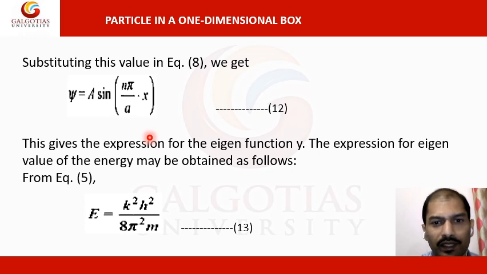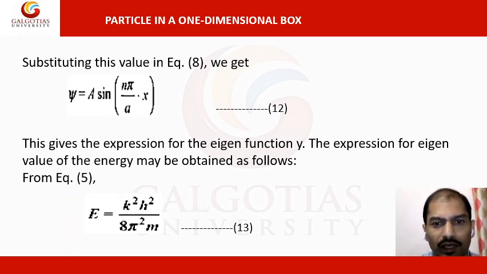The expression for the eigenvalue of the energy may be obtained from equation 5. That equation takes this shape: E equals k square h square upon 8 pi square m. From here you can calculate the energy.